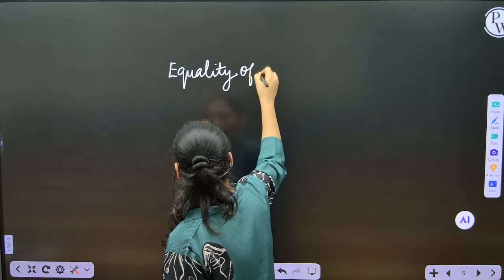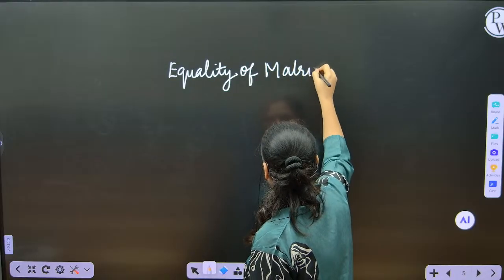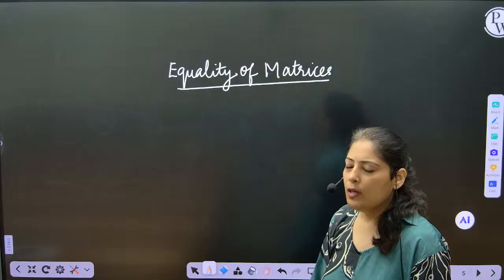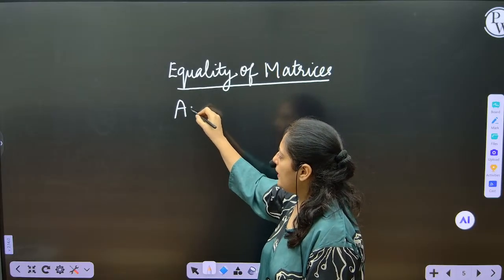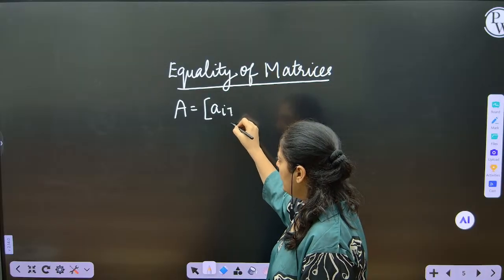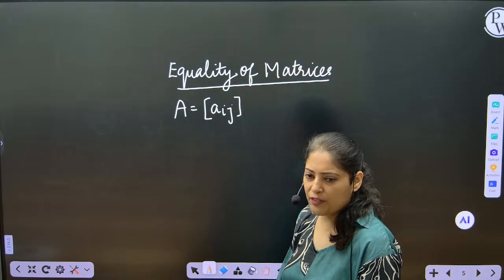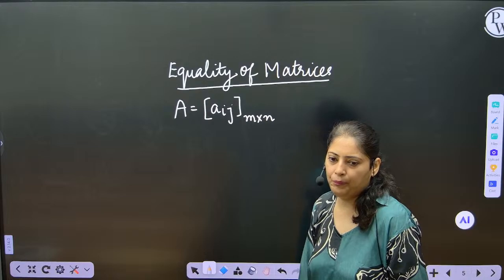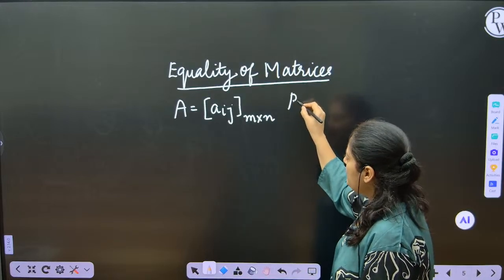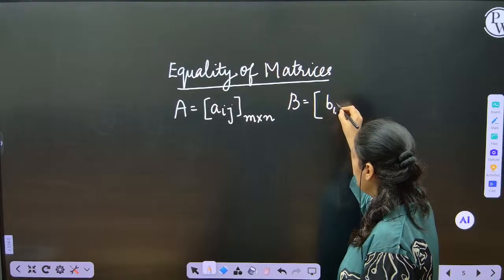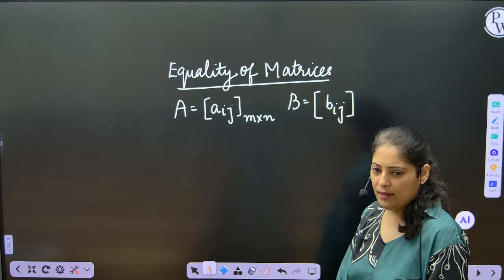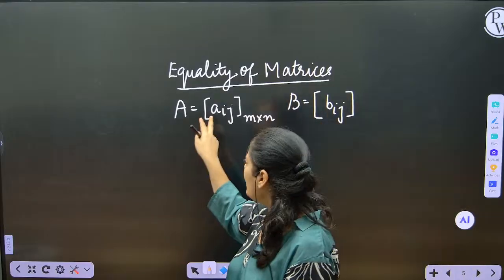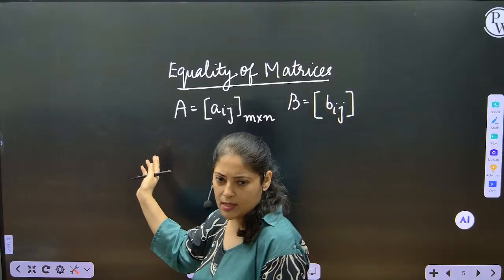Suppose one matrix is A, where the matrix is of the form Aij, order M cross N. Another matrix is B, Bij, that means elements will be of the form Bij. They are both different matrices right now.